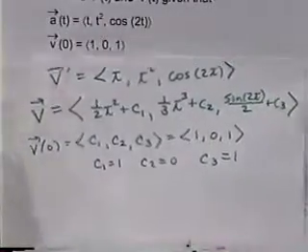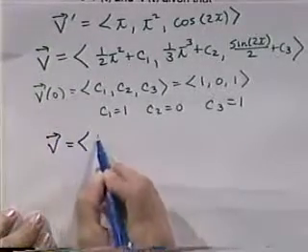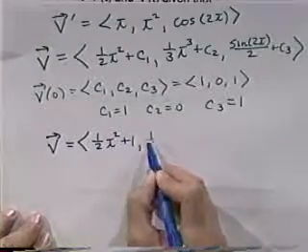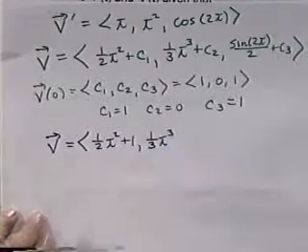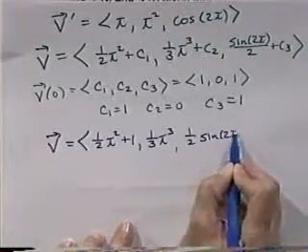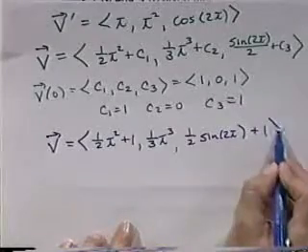So now I can tell you what v is. v is equal to the vector 1/2 t squared plus 1, 1/3 t cubed plus 0, 1/2 sine of 2t plus 1. And this is my v.